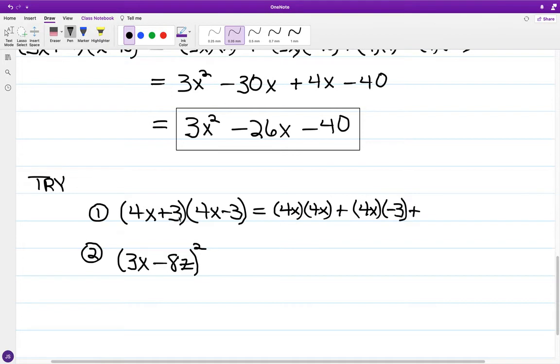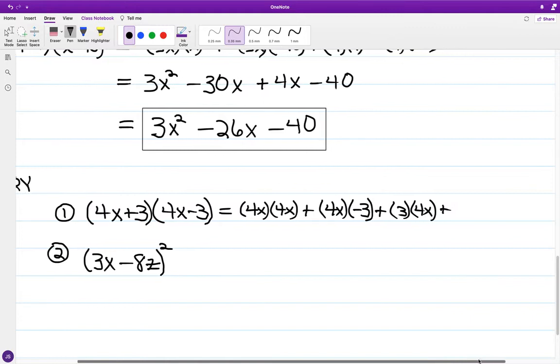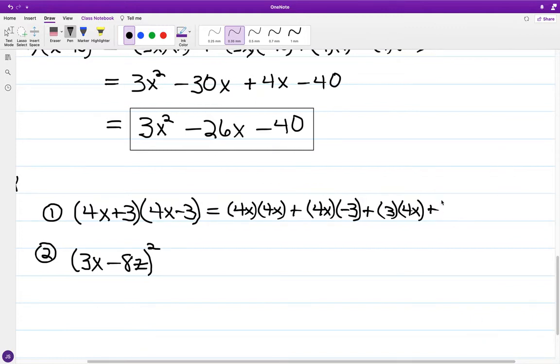Then we have 3 times 4x. And the last term, so we have 3 and negative 3.